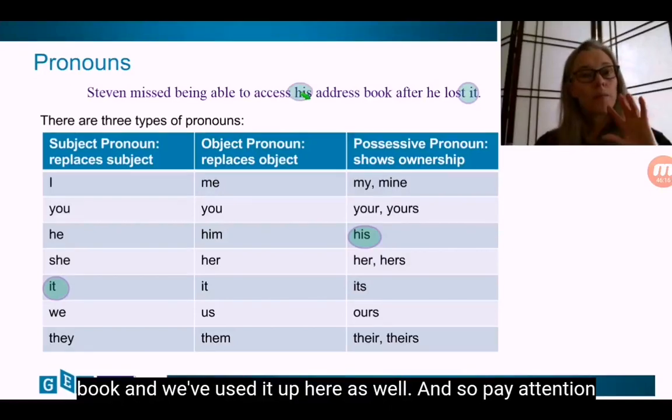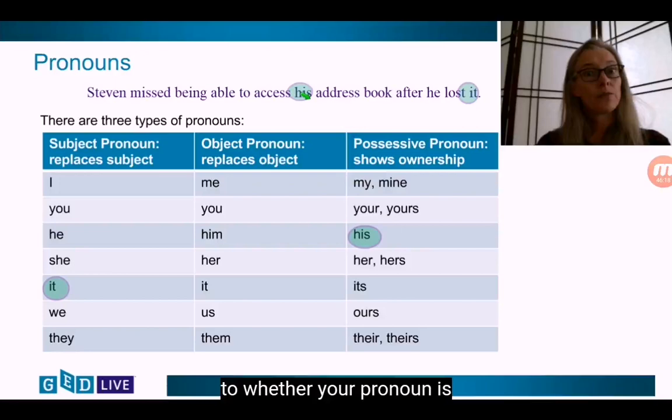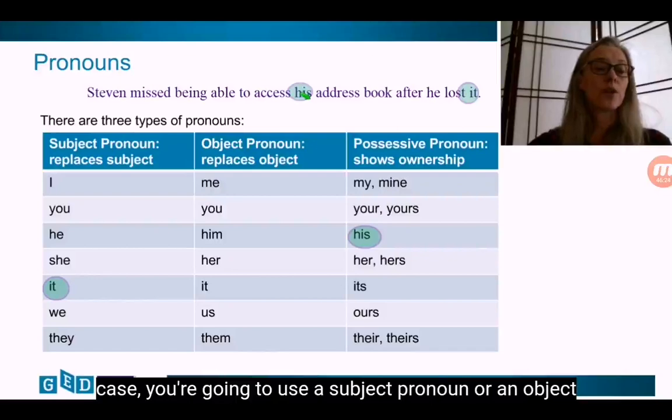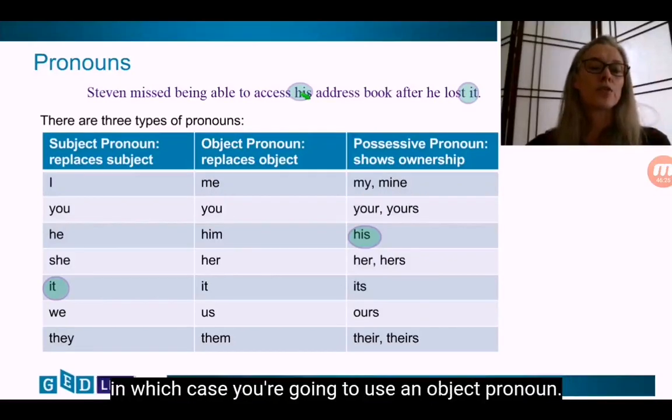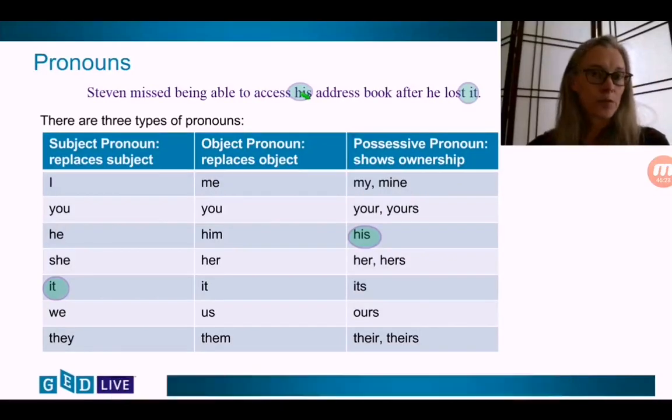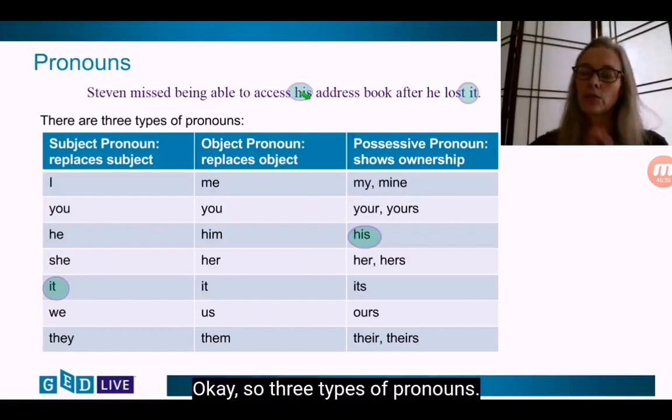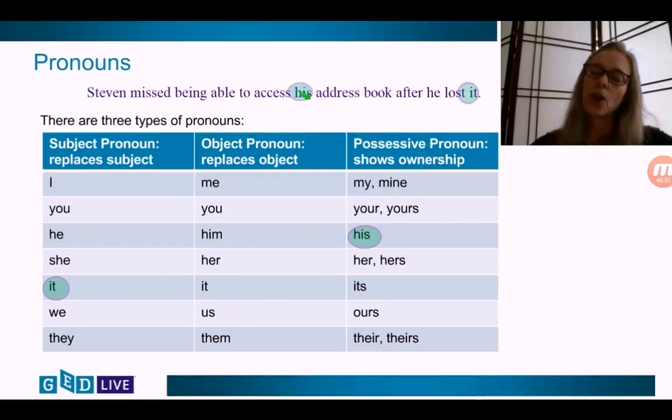And so pay attention to whether your pronoun is standing in for a subject, in which case you're going to use a subject pronoun, or an object, in which case you're going to use an object pronoun. Okay, so 3 types of pronouns.